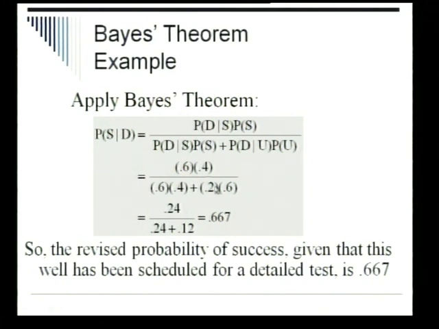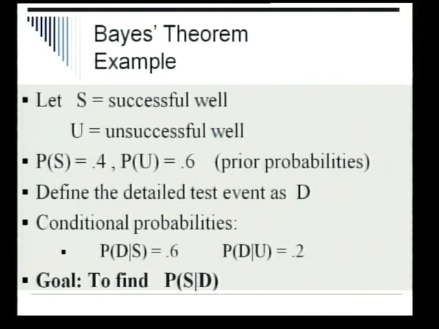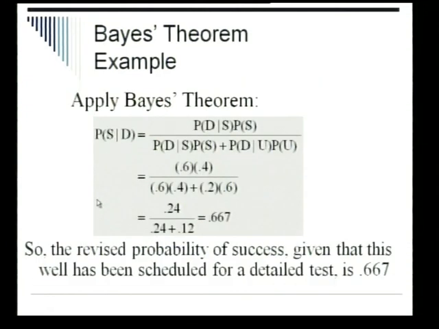We substitute all the values and we get the corresponding probability 0.667. So the revised probability of success, given that this well has been scheduled for a detailed test, is 0.667. Earlier the probability of S was 0.4, and after the detailed test, the probability of a successful well is 0.667. This is the beauty of the Bayes theorem, that it gives me the revised probability if any condition occurs.